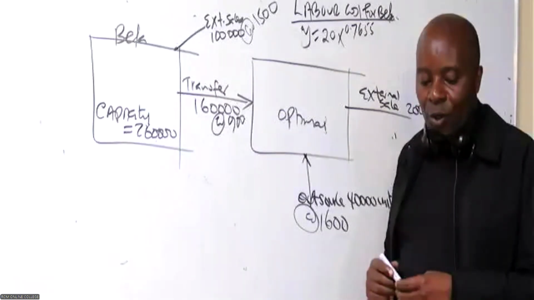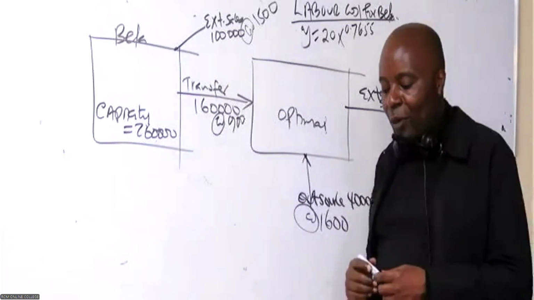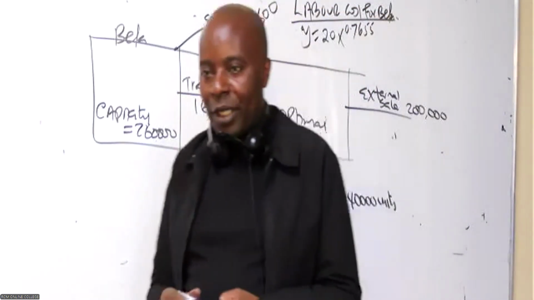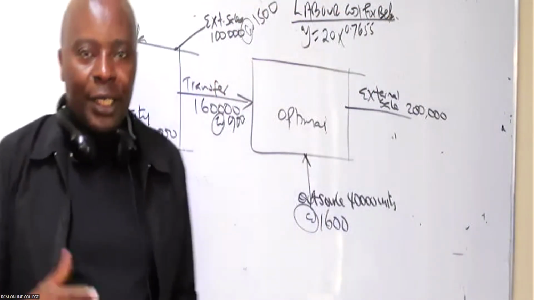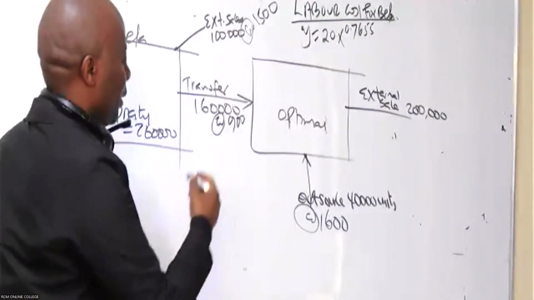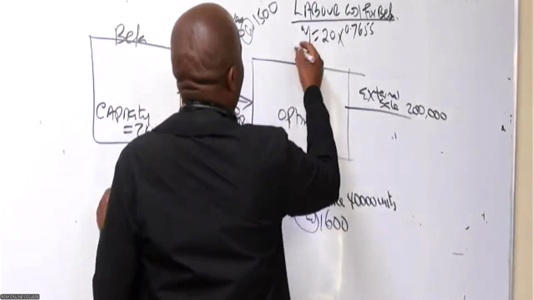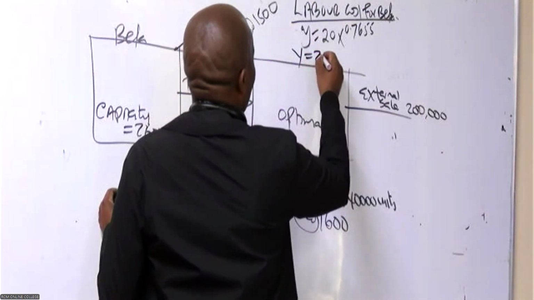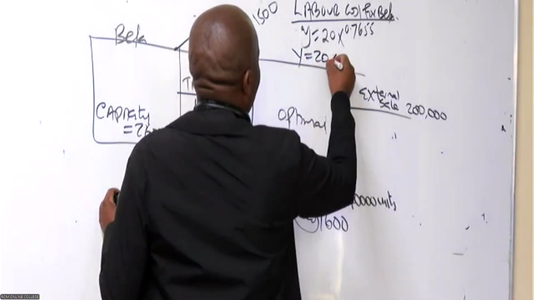So how many units shall we as Beta be producing? 260,000 total, isn't it? So give me y for 260,000.